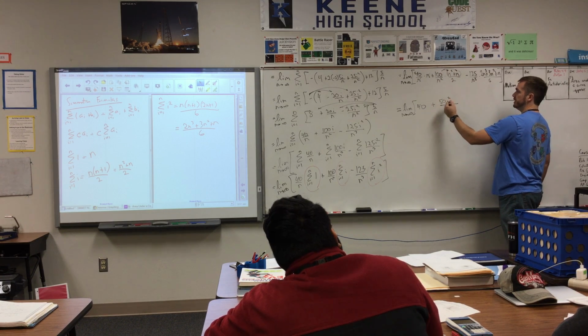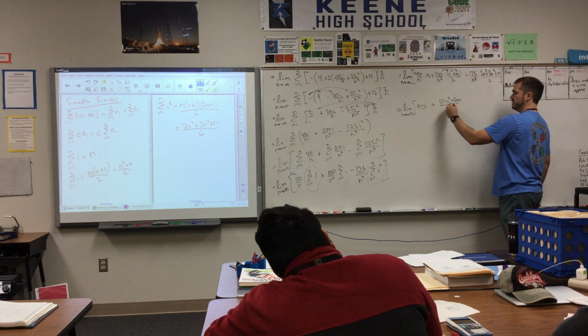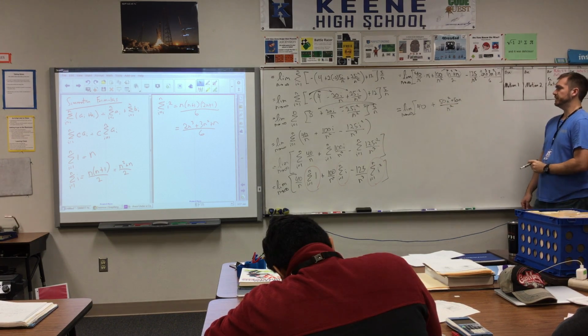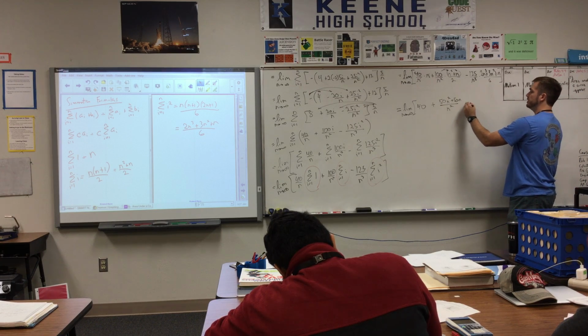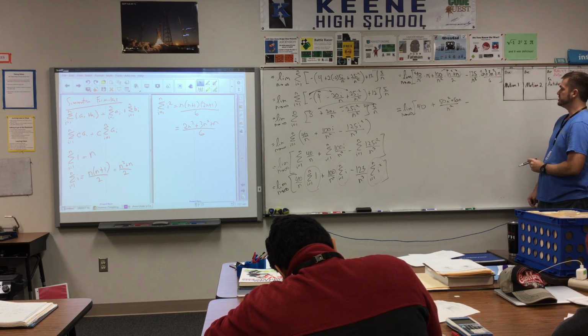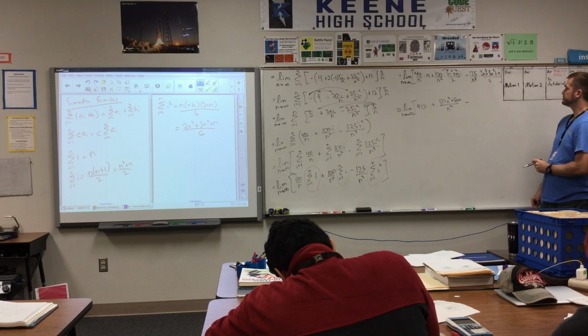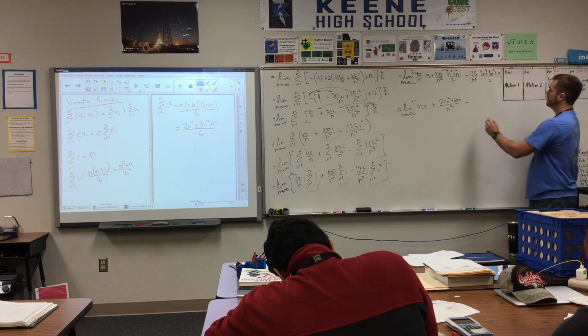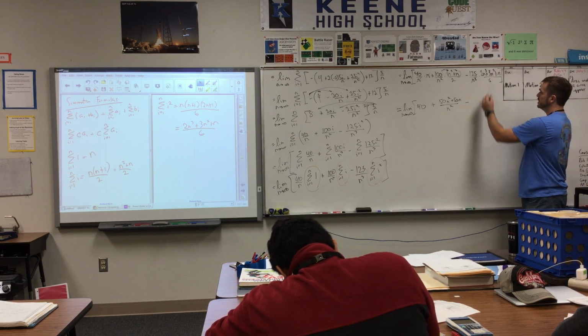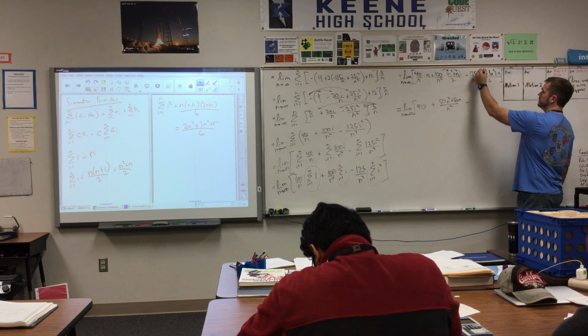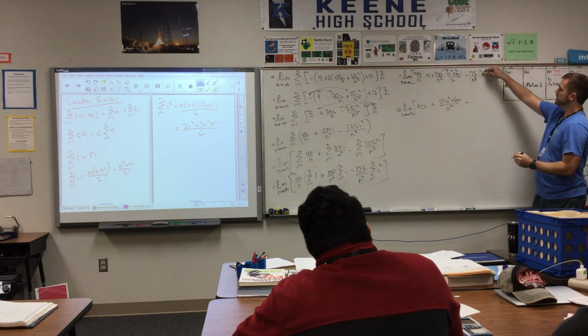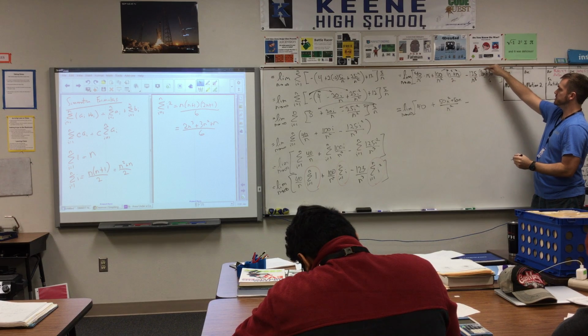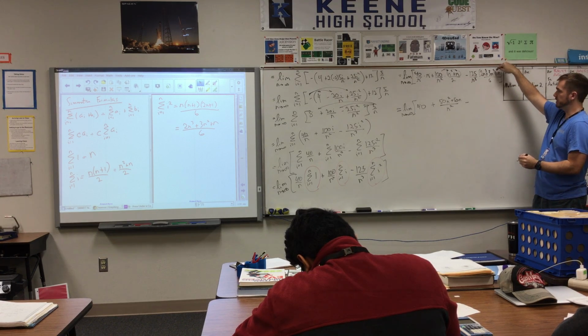So 50n squared plus 50n all over n squared minus, so I've got 125 times this term, 125 times this term, 125 times this term, okay?